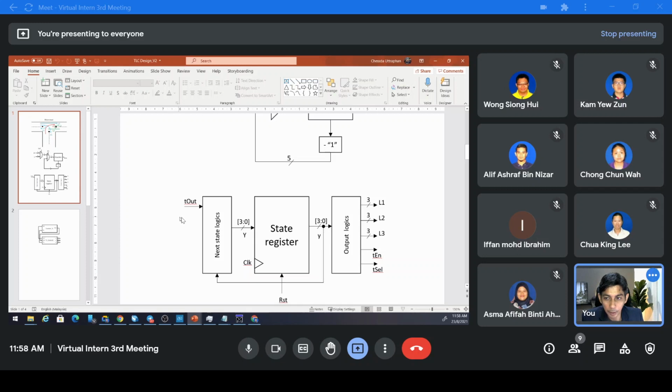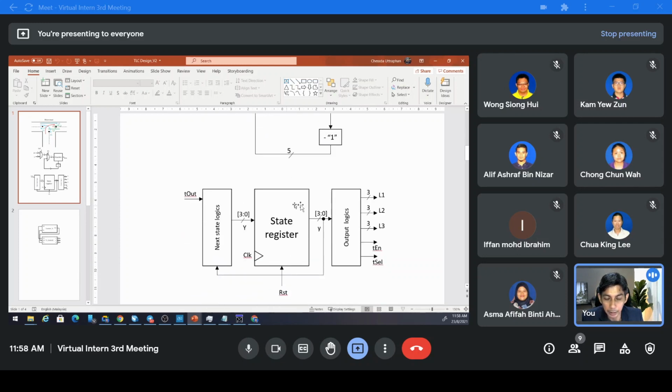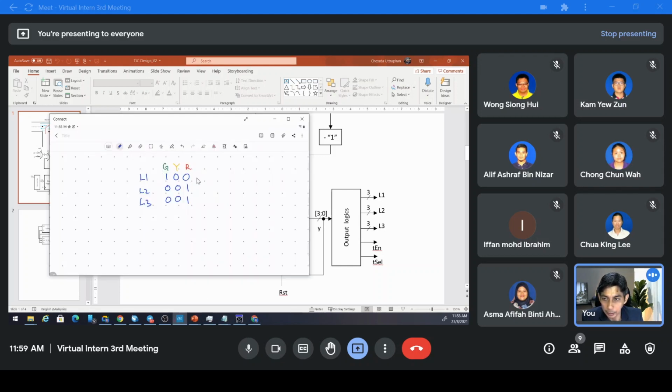The timeout will trigger this controller, meaning that if timeout occurs we need to do something, such as change the state from, for example, this green to the next state. Maybe now we have yellow, and the next is still red. This one is yellow when the time is out.